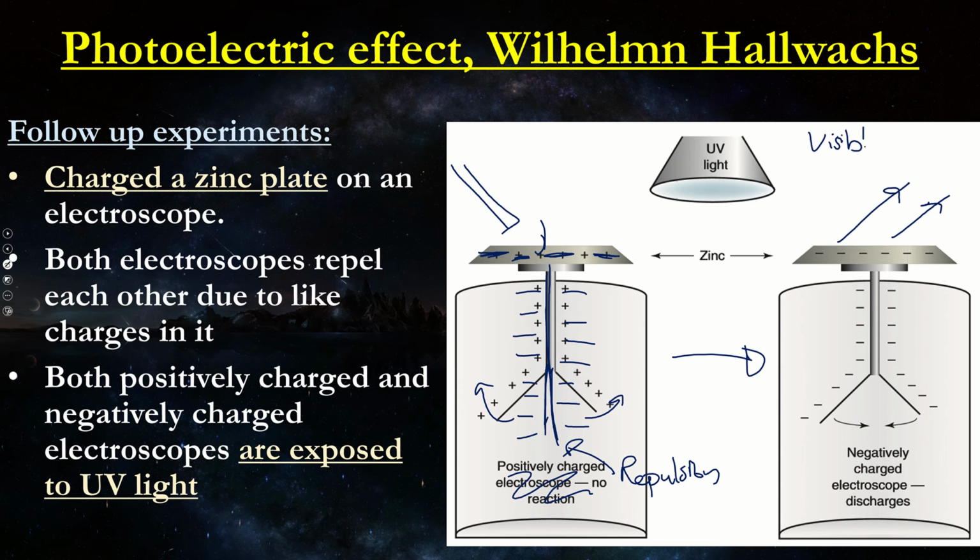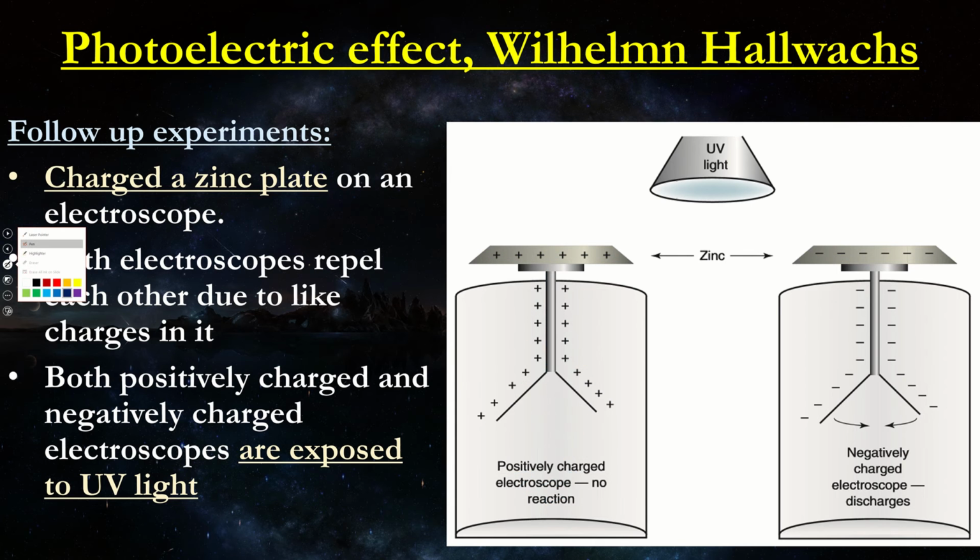According to the old classical physics, if you just shine visible light onto the piece of metal, if you have enough time, that visible light should have enough energy accumulated onto this piece of metal and make these electrons disappear. That's not the case though. What we actually find is no matter how long you expose the visible light onto a piece of metal, it doesn't have enough energy to move these electrons out.